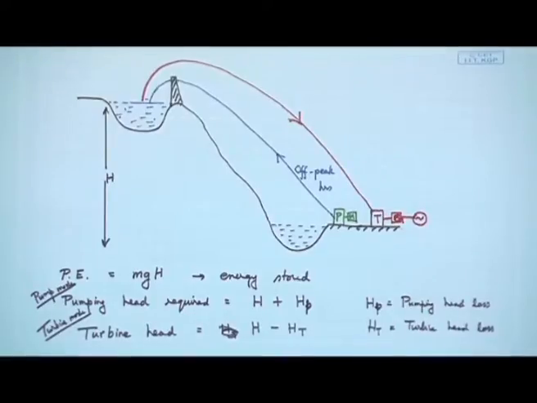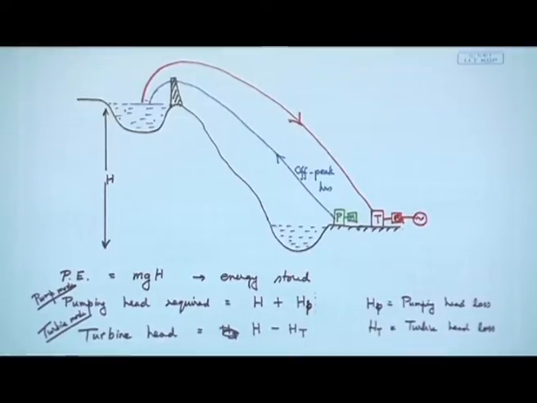Therefore, what is the turnaround efficiency? The turnaround efficiency is going to be mg(H minus HT) over mg(H plus HP). Clear?